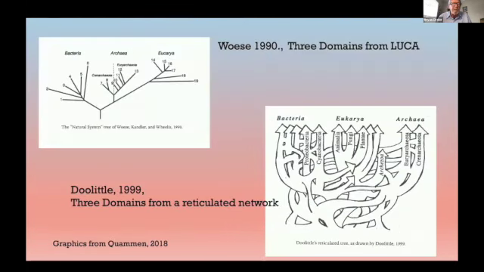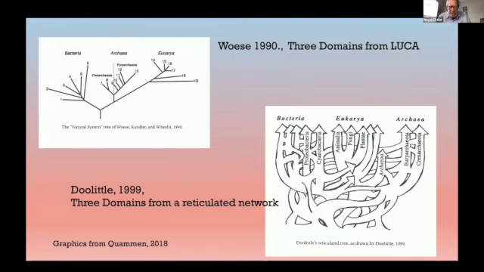Okay, then Woese, and we've already looked at this, came up with the idea of archaea being more closely related to humans than to bacteria. So we got this exciting little system introduced by Carl Woese and George Fox. And then with Ford Doolittle in 1999, we got this concept of a reticulated network, because he identified this business, already mentioned today several times, of horizontal gene transfer.